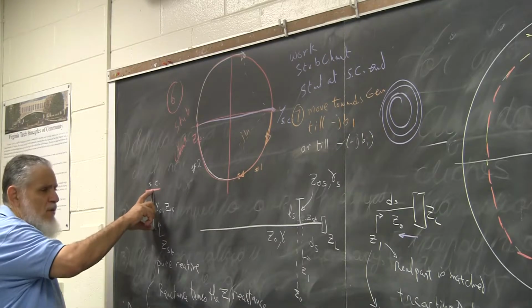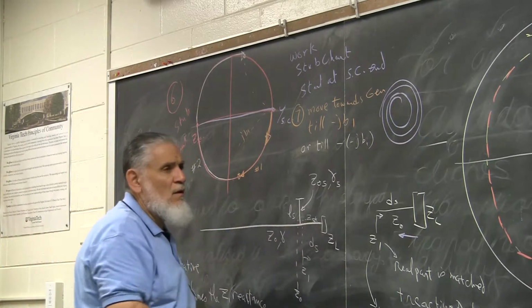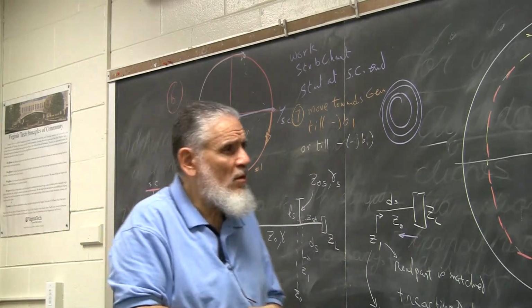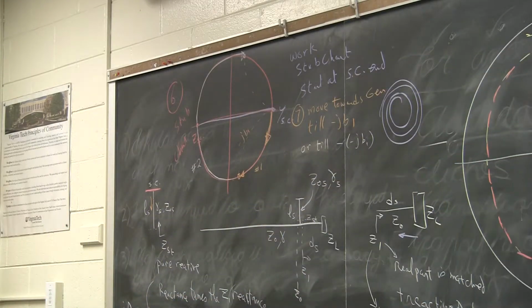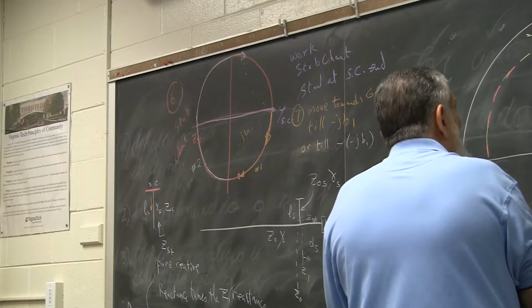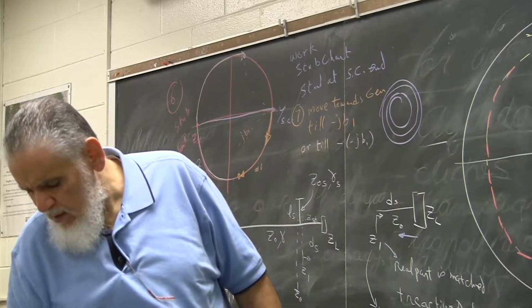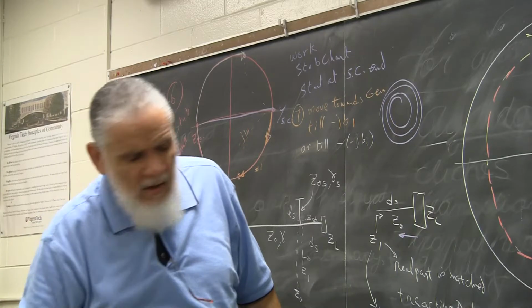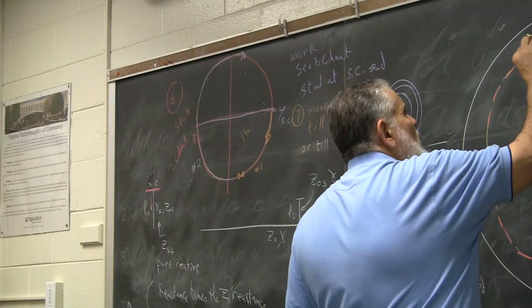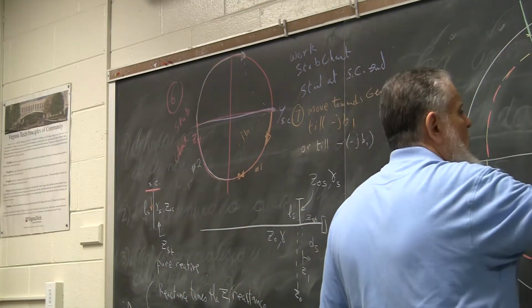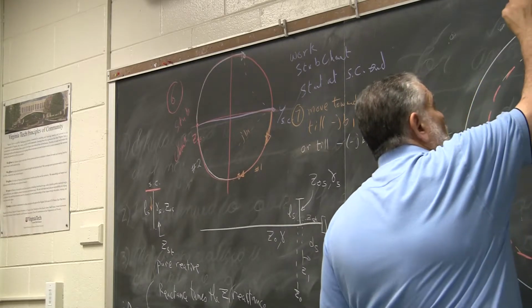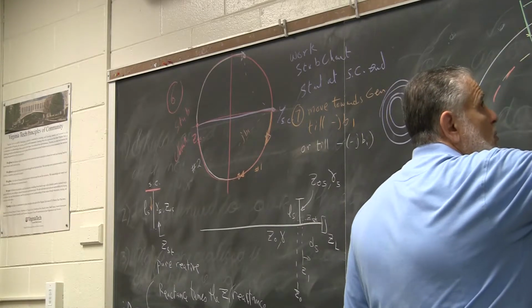How much is LS? How much is DS? That will be read from the chart. DS was the distance from YL to this location. So the distance from, what kind of color can I use now? I haven't used this. So the distance from here to there was the first possible distance here.